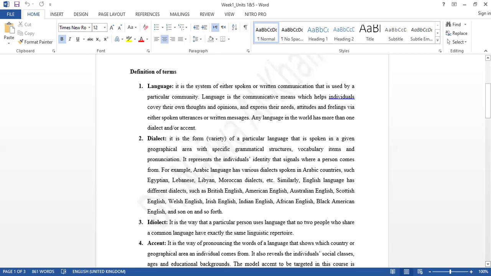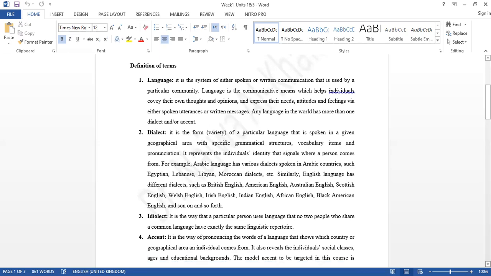This is quite characteristic of every person. So maybe two people cannot pronounce the same sentence identically, in the same way. Each one of them will pronounce the sentence in their own way. Okay, this is called a dialect.